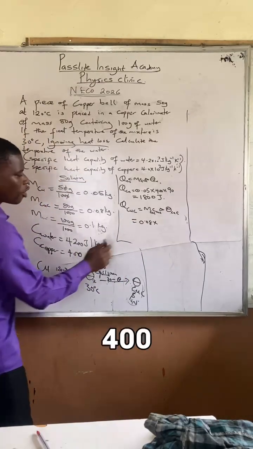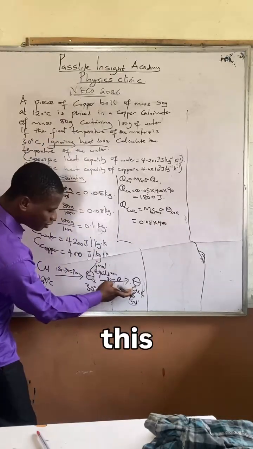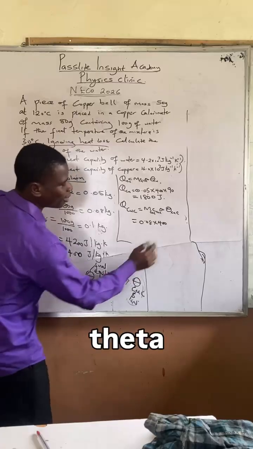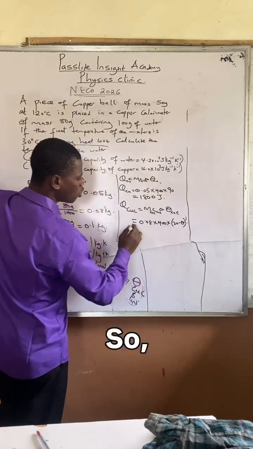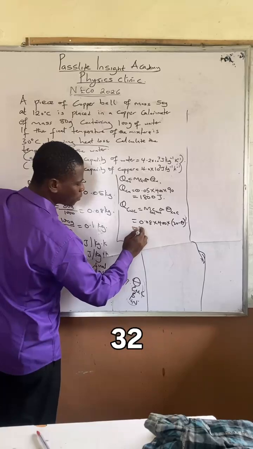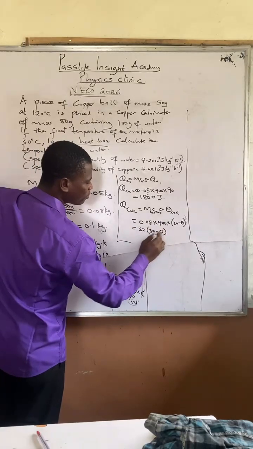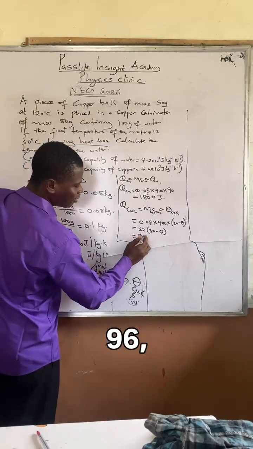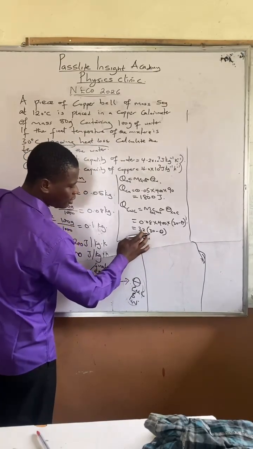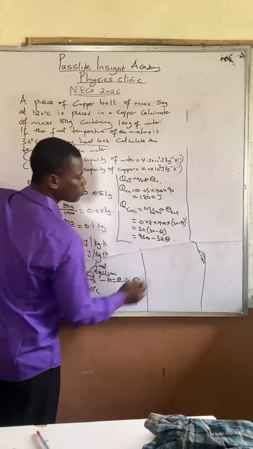C of copper, 400. The change in theta of CuC is 30 minus theta. So multiply 0.08 times 400, that is 32, times bracket 30 minus theta. So 32 times 30 is 960, minus 32 theta.